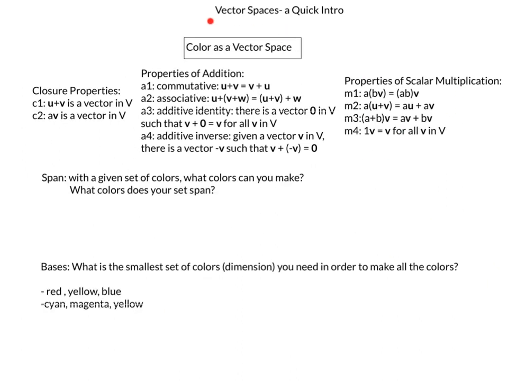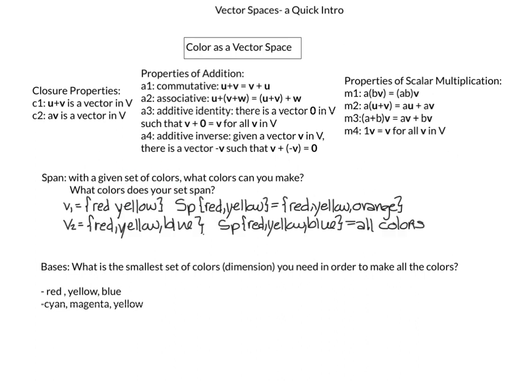And when we go forward with this, we'll be studying other things in vector spaces, and we'll look at a concept called span. Using colors as our example, it means with a given set of colors, what colors can you make? In other words, what colors does your set span?